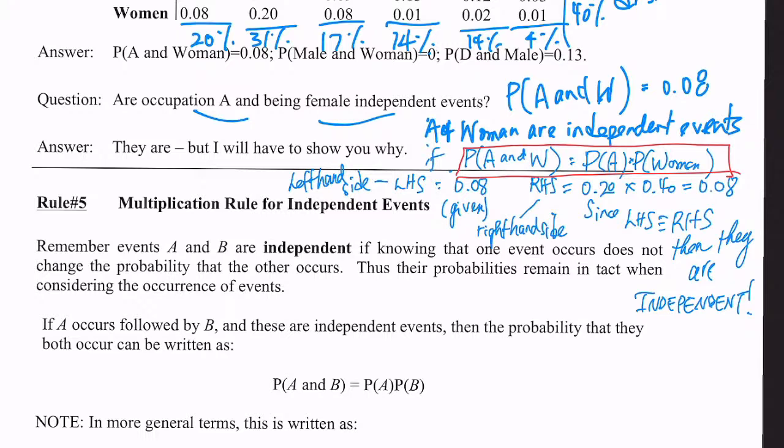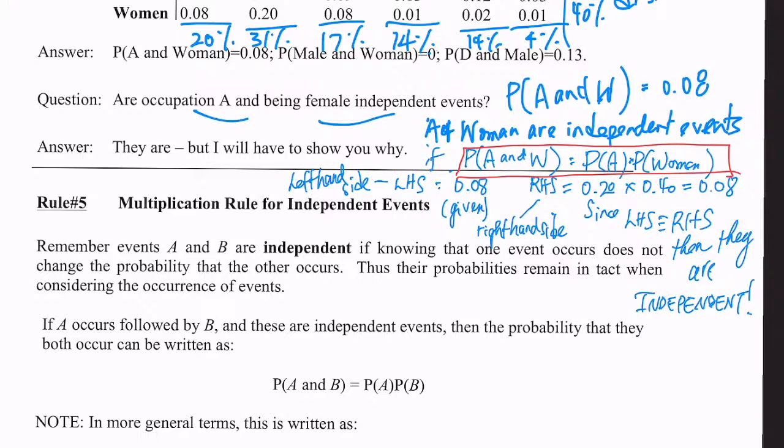All right, so this is just a review of Rule 5, the multiplication rule for independent events. If events are independent, to find the probability of their intersection, you just multiply the events' probabilities. That's all this says.